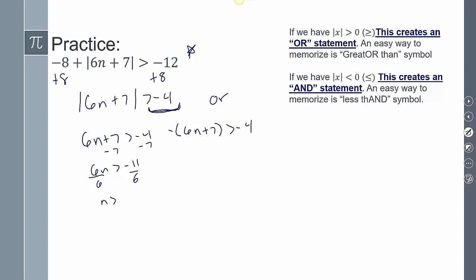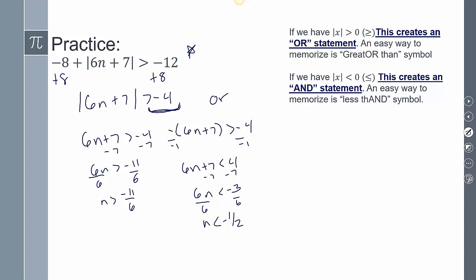I get n is greater than negative 11 over 6. For this one, dividing both sides by the negative, I get 6n plus 7 is going to be less than 4. If I subtract 7 from both sides, 6n is going to be less than negative 3. Divide both sides by 6, I get n is less than negative 1/2.